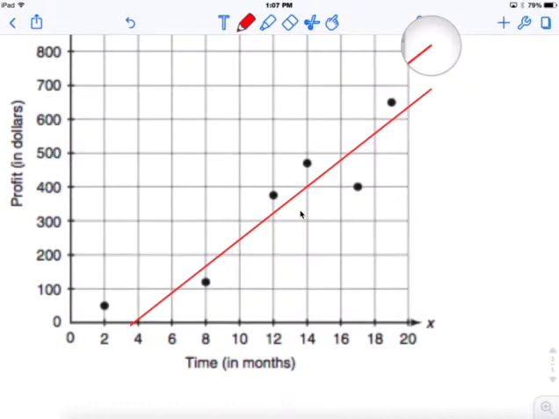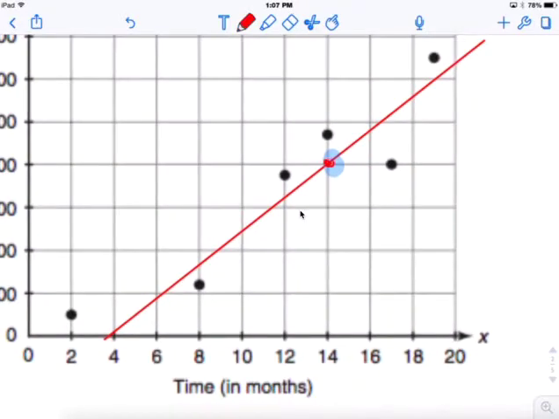Okay, I'm looking to see where I can put it on corners, but I can't. So I know I can use this corner here, so that's a good one.